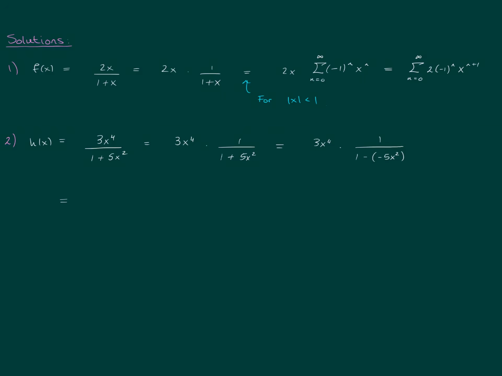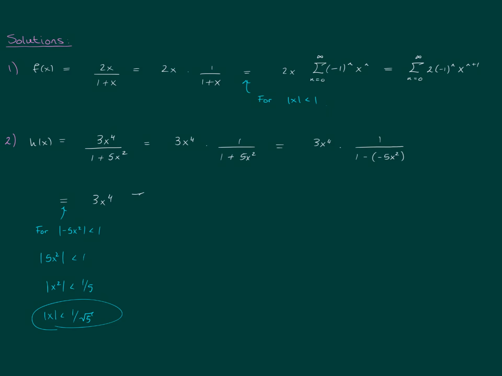Now this is equal to, where is this valid? Now I'm going to use the same trick, but to use this trick I need that minus 5x squared is less than 1 in absolute value. That's the same as saying, if I drop the minus sign, then I can take out the 5 and bring it under, so I have absolute value of x squared is less than 1/5, which is the same as the absolute value of x is less than 1 over the square root of 5. So that's where this is valid.